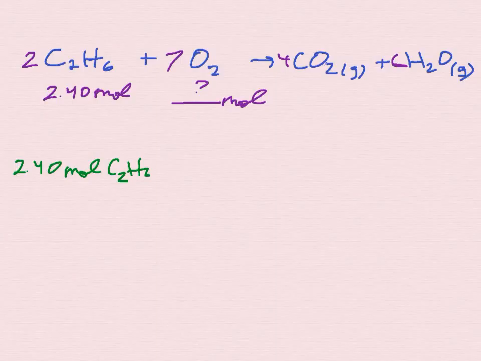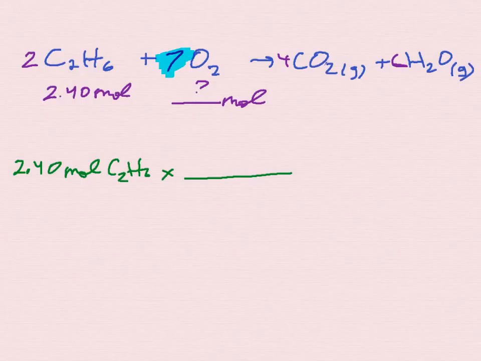The recipe says 2 moles of ethane requires 7 moles of oxygen. We have more than the recipe. We're going to get more than 7 for our answer. Now your job is to look at the balanced equation and identify the mole ratio. Well, it's pretty easy.